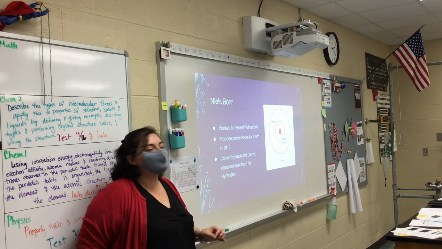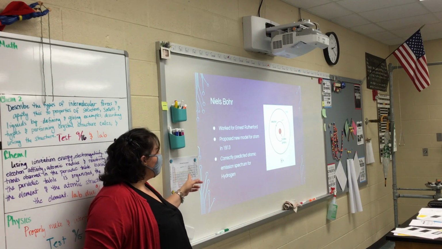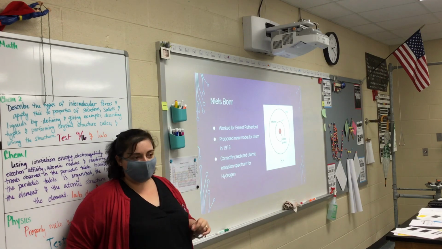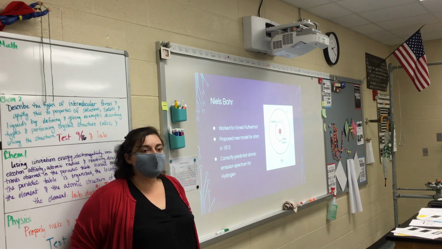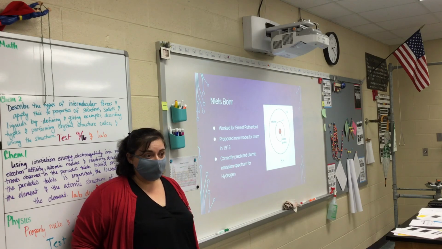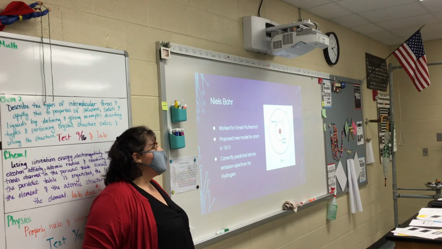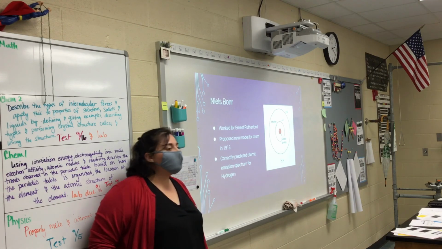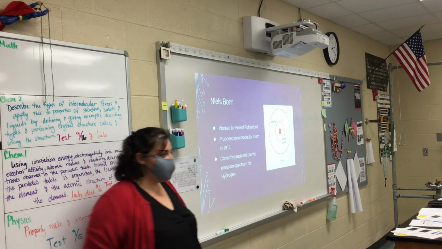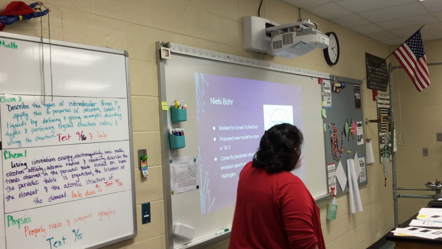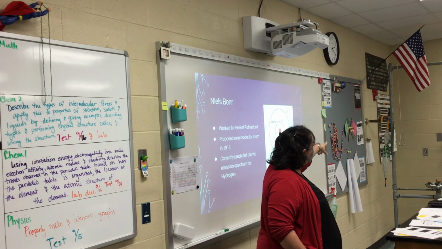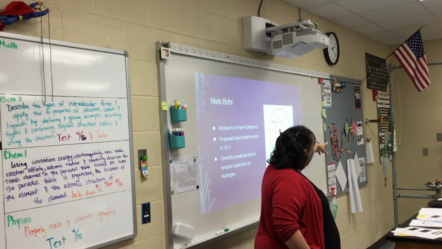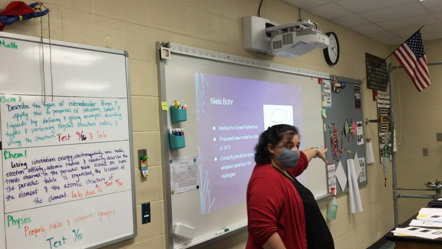The really impressive thing about this is that he was able to make a connection between the model he proposed and the atomic emission spectrum for hydrogen. Now, hydrogen has, on its atomic emission spectrum, a red band, a blue band, and 2 purple bands. And if you're curious, you can come up here and see it on this poster. It's like the second one from the bottom of the emission spectrum.